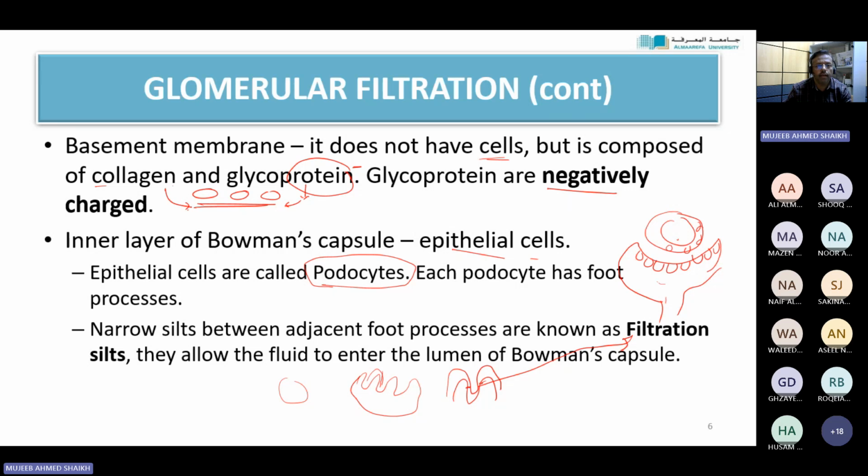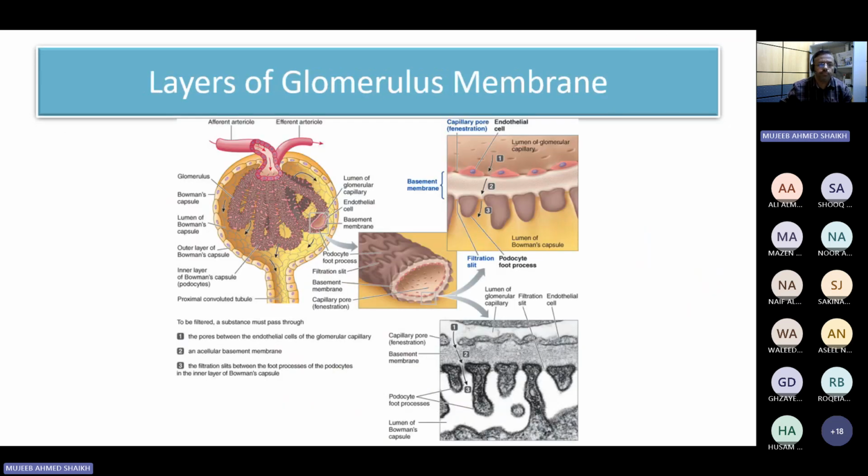I will show you in the diagram. Okay, this one. You will see that this is the afferent arteriole coming in, then dividing, and you will find that there are podocytes. These are called podocytes. So one podocyte is one cell and this is another cell. I will draw with a different color so you will understand.